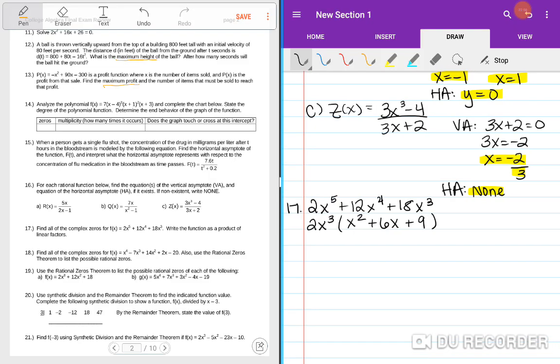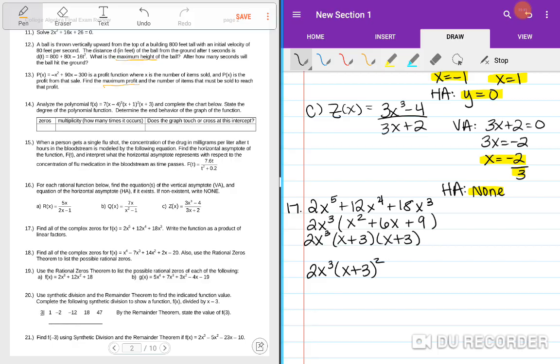Now, if I can, I will factor this polynomial, and it looks like it does factor as x plus 3 times x plus 3. In other words, we could say 2x cubed times x plus 3 squared.